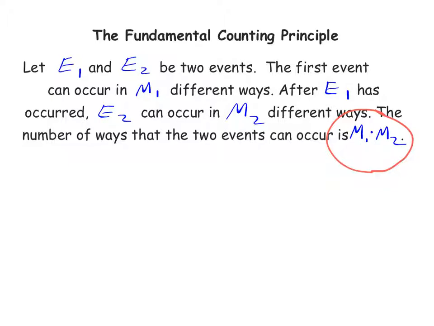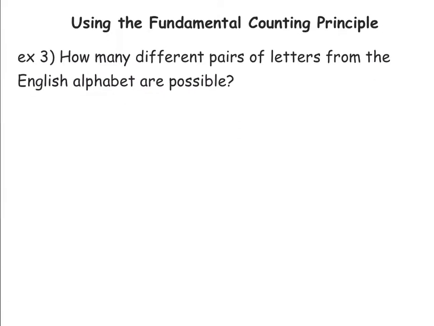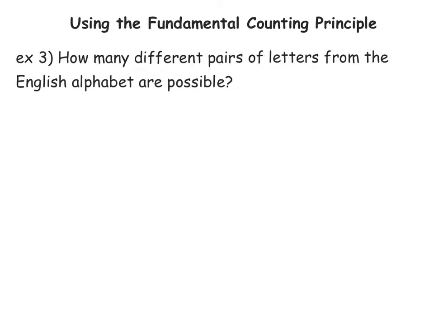For example, how many different pairs of letters could you take from the English alphabet? Well, there's 26 letters, so that would be event number 1, and I think we can get a repeat, so we would say for selection number 2, it would also be 26.